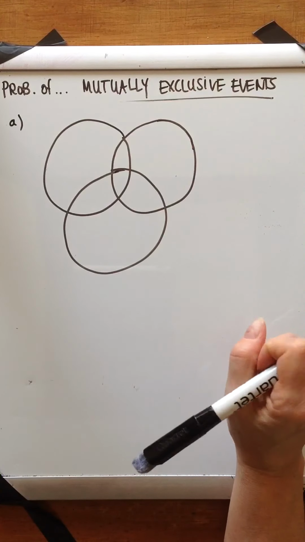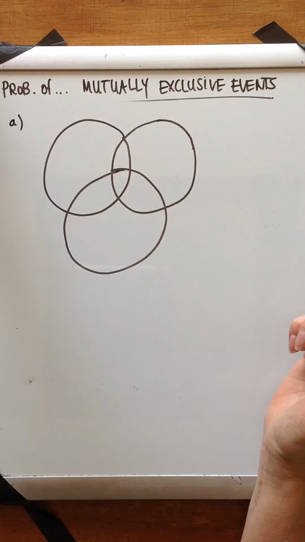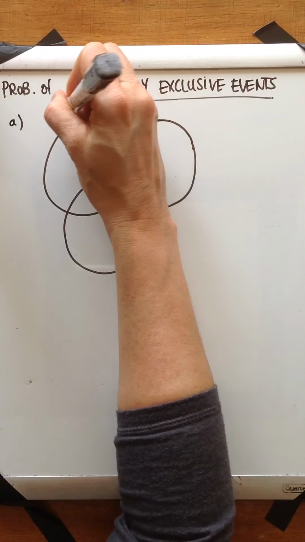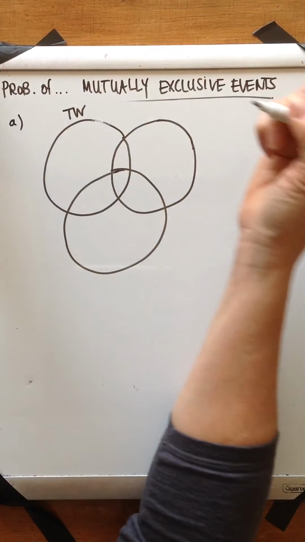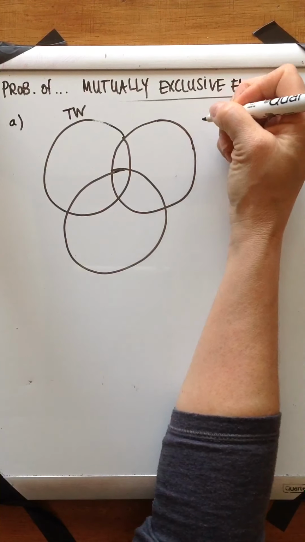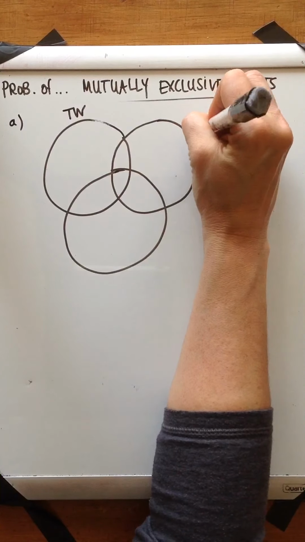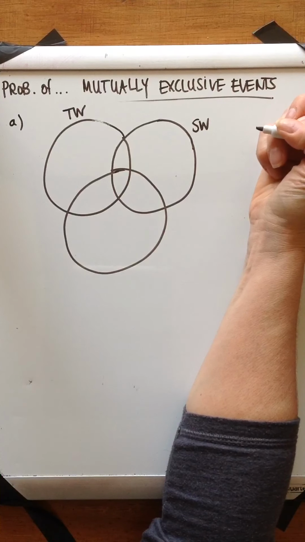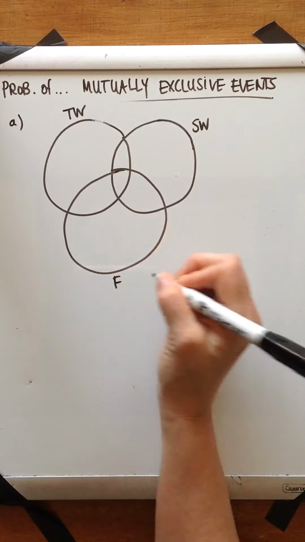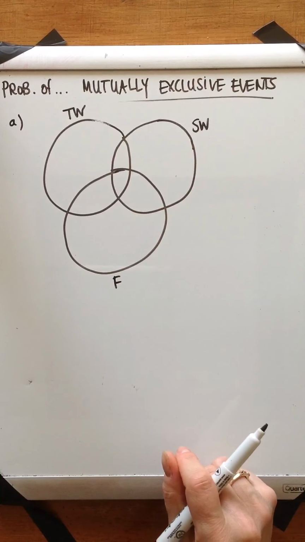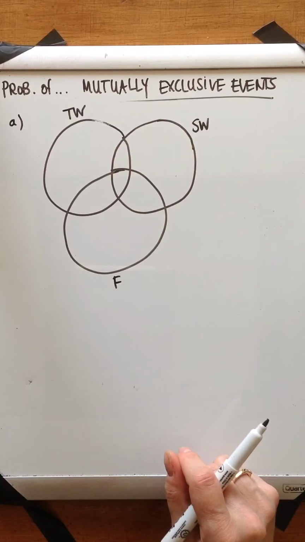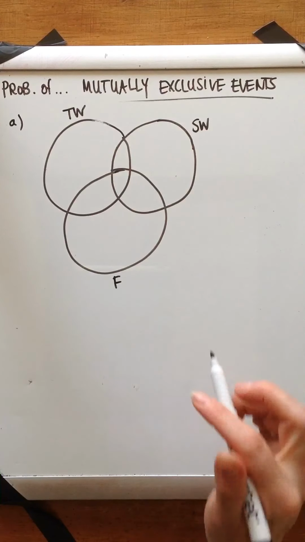The three magazines featured in this particular question are Teen World, which I'm going to call TW for short, Star Watch, which I'm going to call SW, and Fashions, which I'm going to call F down here. Now, it says here that there are 25 that subscribe to Teen World only.